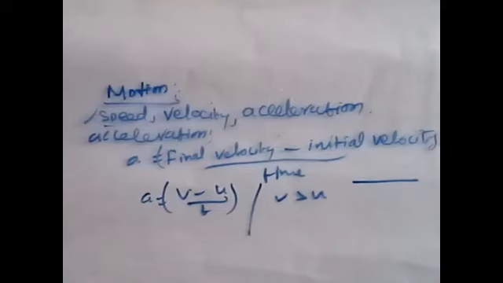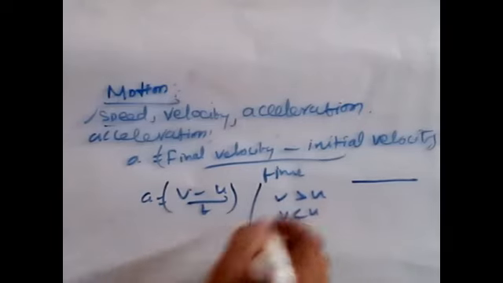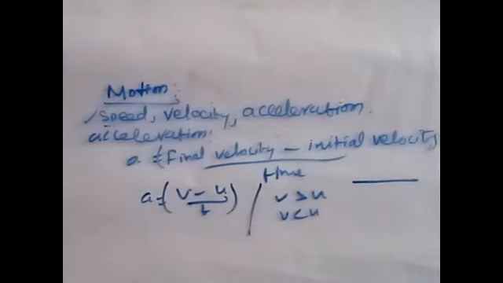Now if v is less than u, the final velocity is less than the initial velocity. The velocity decreases with the time taken, so the value of the acceleration is negative.